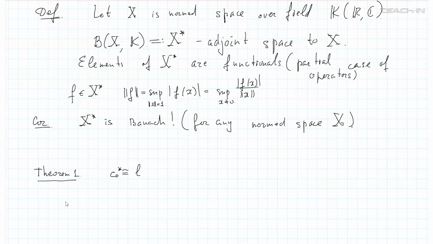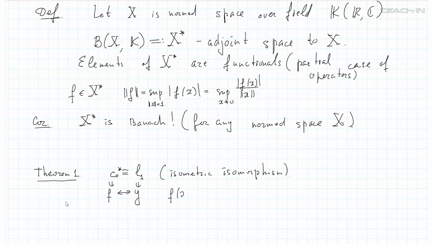Isometric isomorphism is denoted by this symbol. What does it mean? For any f from this space, we have a one-to-one corresponding element y from l1.